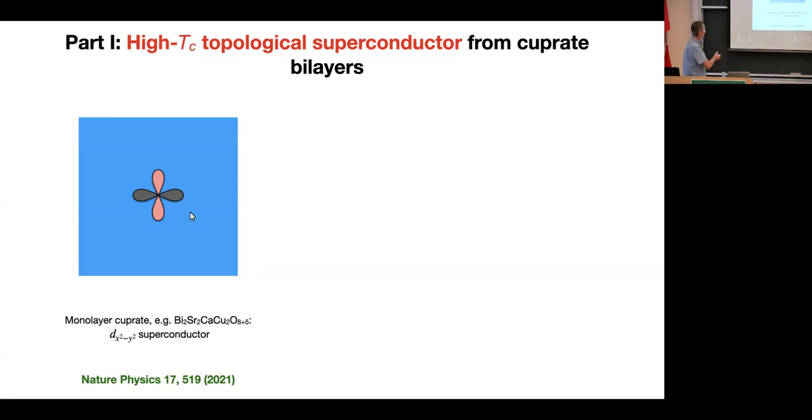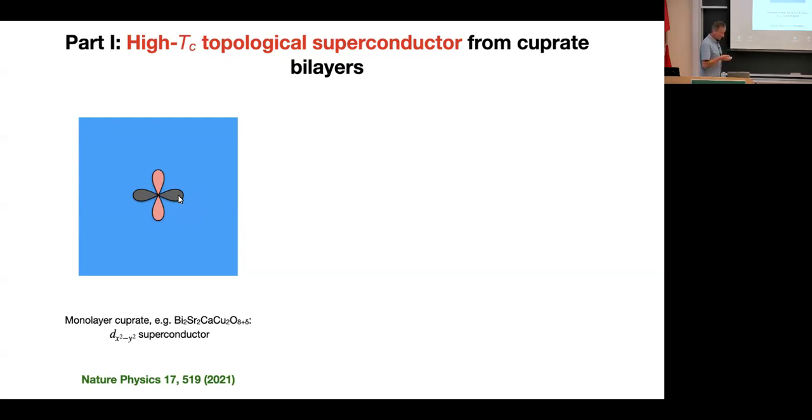So just like a D-wave orbital in atomic or molecular physics, when you take a Cooper pair wave function and rotate it by 90 degrees, it changes sign. So that's the meaning of this little flower, which is meant to represent the two lobes, positive and negative, of this D-wave order parameter.